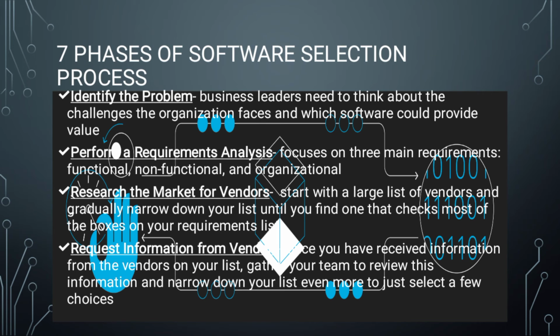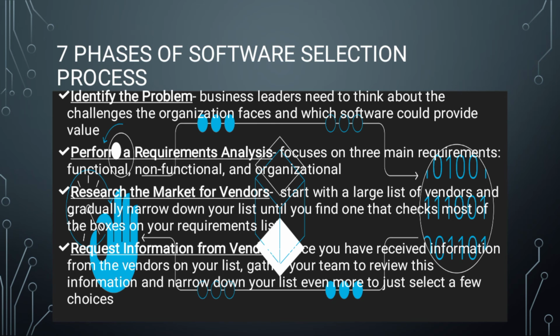The third is research the market for vendors. The next phase in the software selection involves actually starting the search for new software. Those involved in the process will need to research the marketplace to locate potential software vendors that might fit the bill. When searching the market, it's key to look for vendors that offer software that has the ability to solve the company's identified problems.